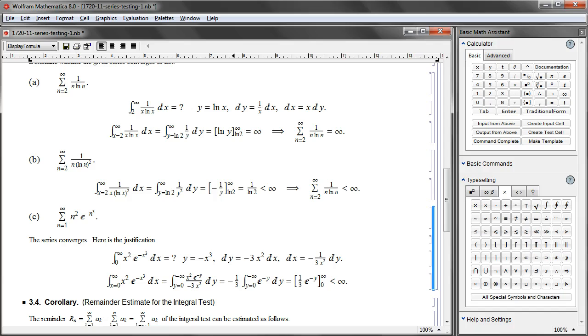The third example is rather, what can I say, not really practical, but it can be done with the integral test. And this is really inefficient because actually this series converges no matter what power we have. Even if we have n to the 2000 power there, we still have convergence.